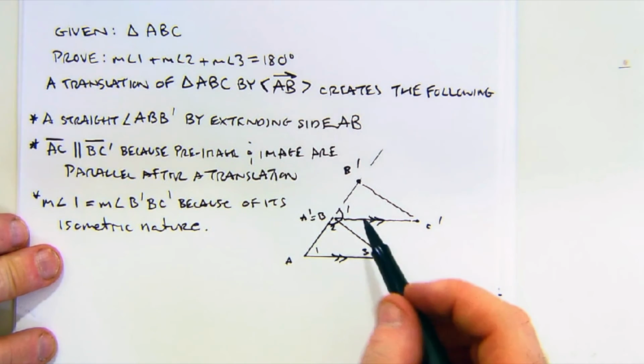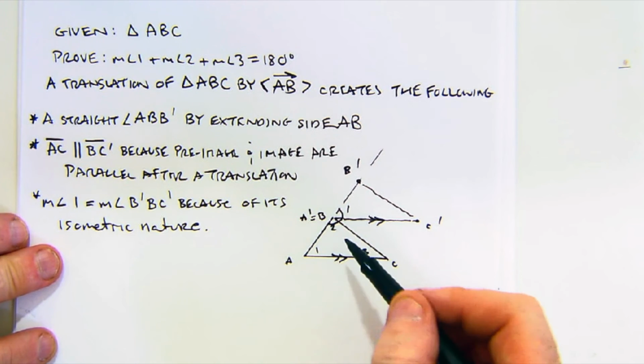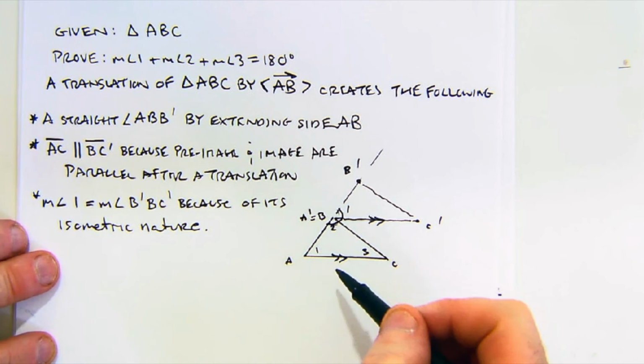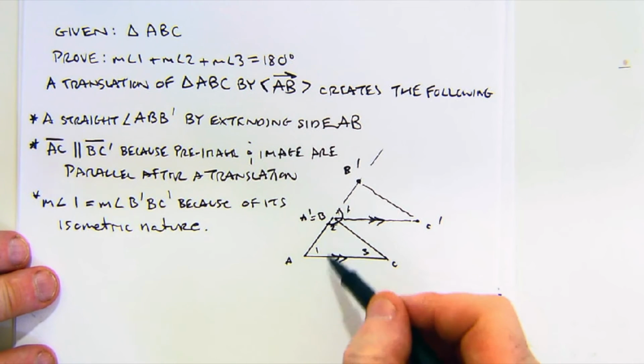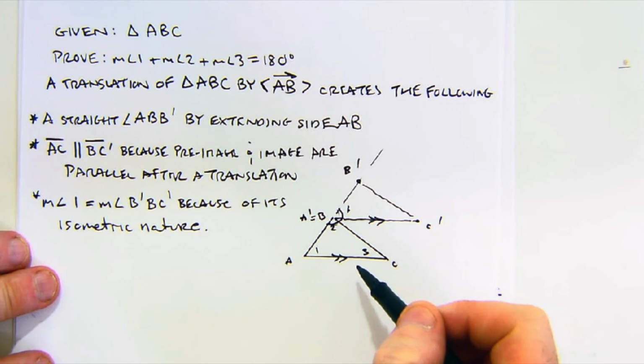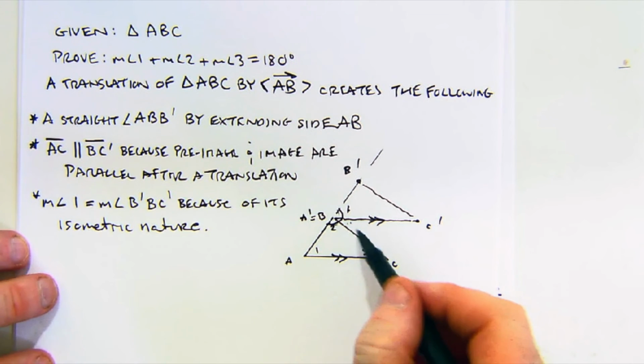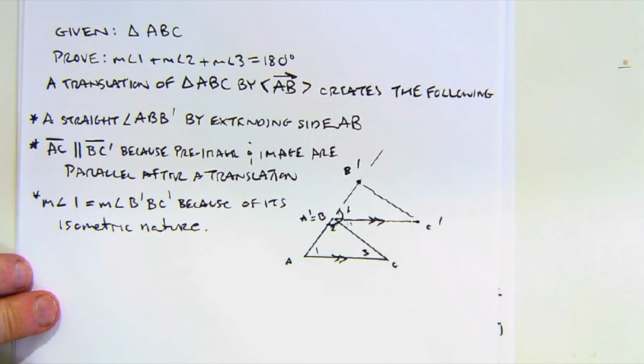So you can see I'm starting to evolve my idea here. I've got a 180 degree angle. I'm going to be able to say that angle 1 matches this, angle 2 is already there. And now I want to make one more move to talk about angle 3 in there.